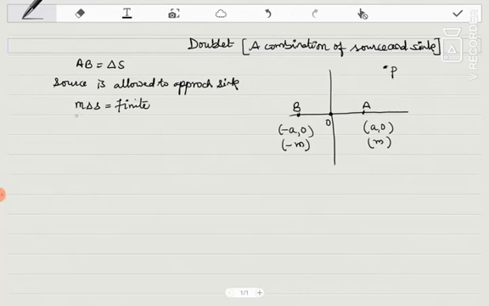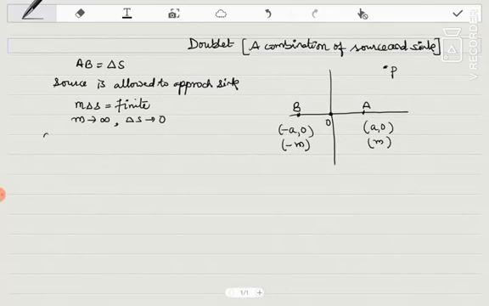So the combination of the strength and the distance between source and sink is finite. So if the strength of source and sink goes to infinity, the distance between them becomes 0. And if M is small, then delta S may be large.